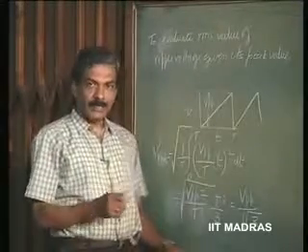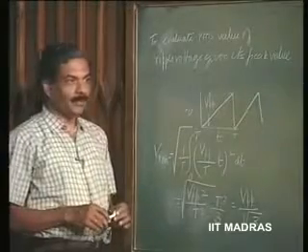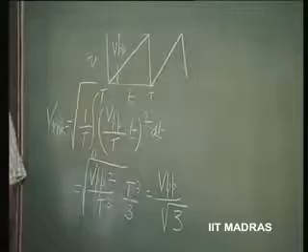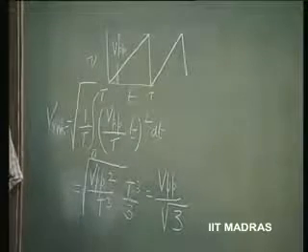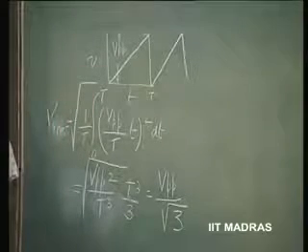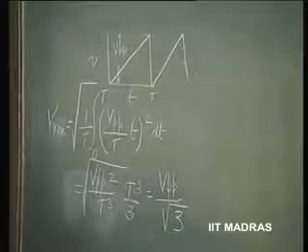Given that the peak to peak value of the ripple is V peak to peak, you are asked to find the RMS value of the waveform, assuming that it is a triangular waveform.